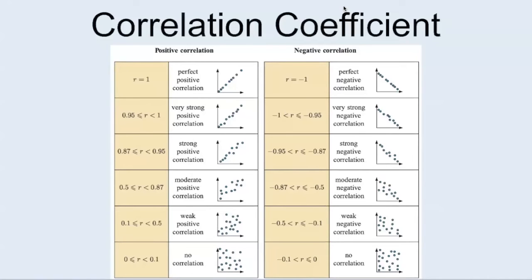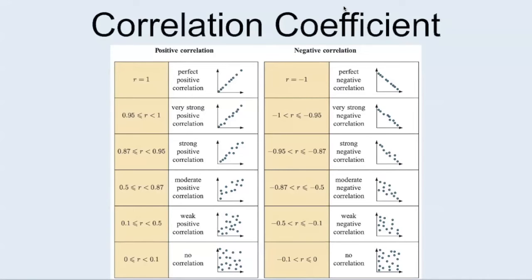Now, within regression analysis, there is a term that we refer to as the correlation coefficient. The correlation coefficient, also known as the R value, will tell us the strength of the correlation. So yes, you may have a visual representation of all the points looking like they're very close together, but that would be just estimating.